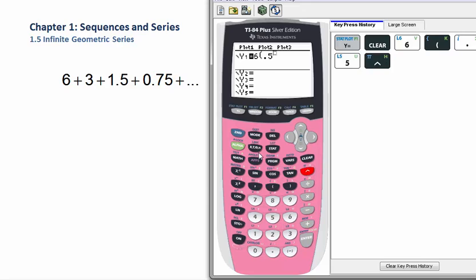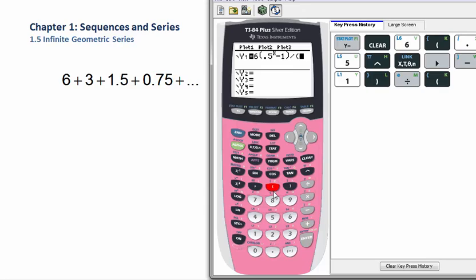I'm going to use to the power of x, and then minus 1. Close that bracket. And all of that is going to be over r minus 1. And of course 0.5 minus 1 is negative 0.5.